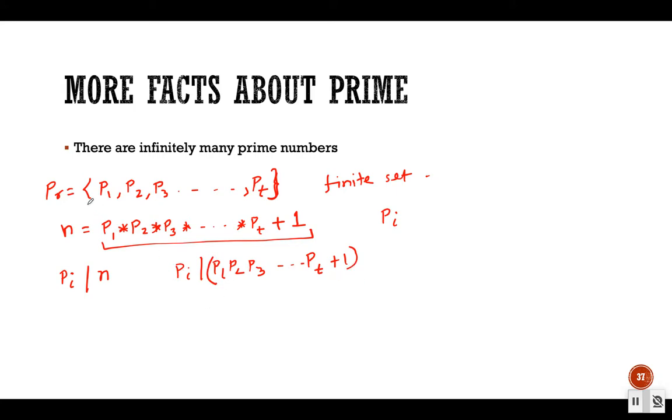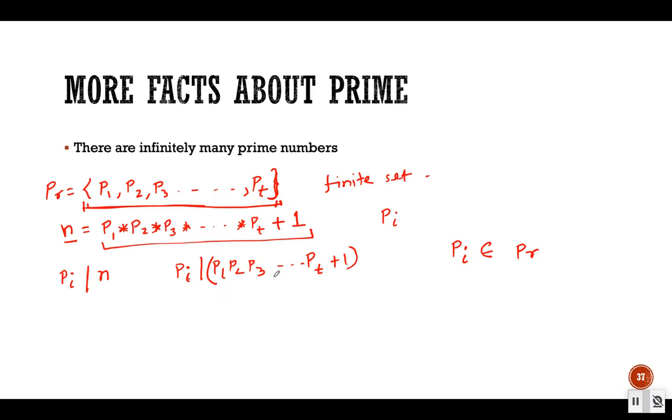As this is a fixed finite set, obviously that prime divisor belongs to this set. So the prime divisor that divides this number n obviously belongs to our fixed finite set of prime numbers.